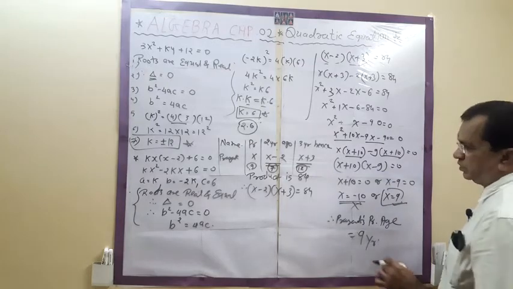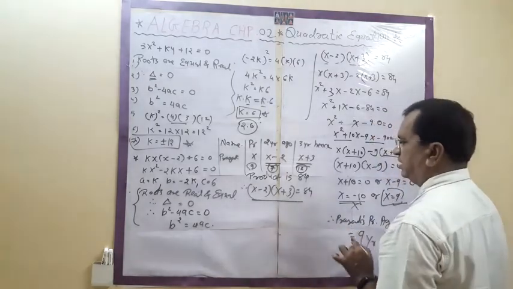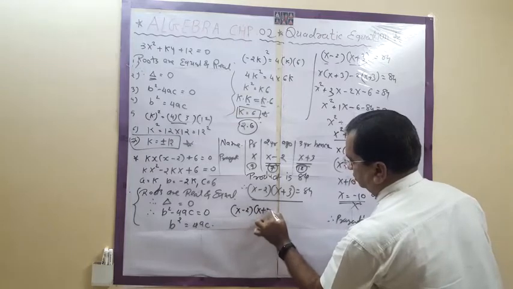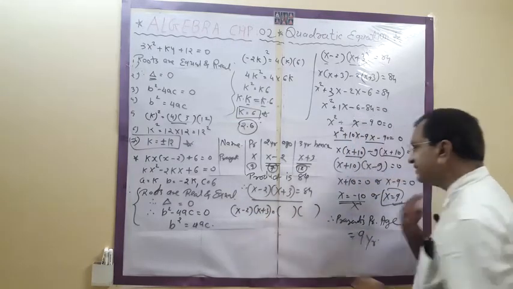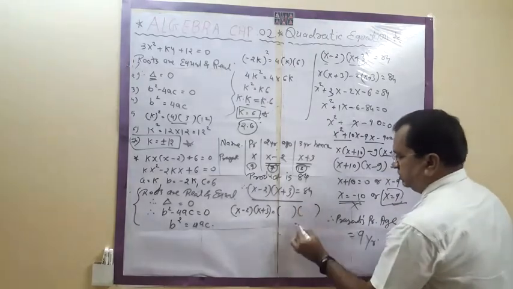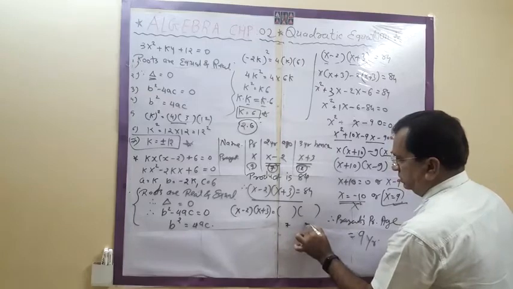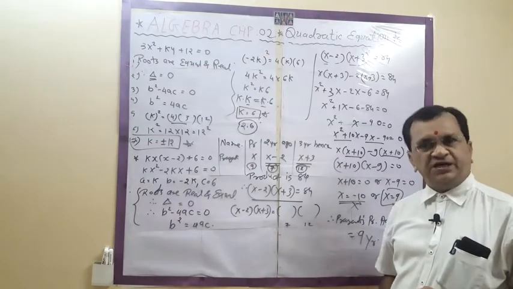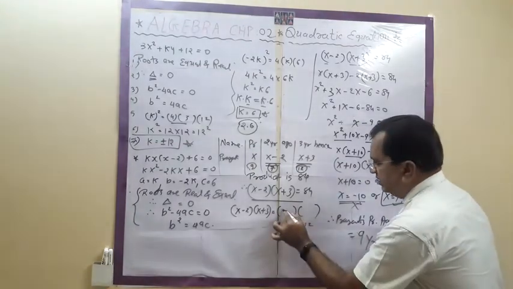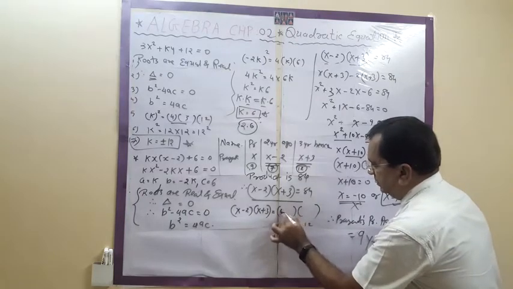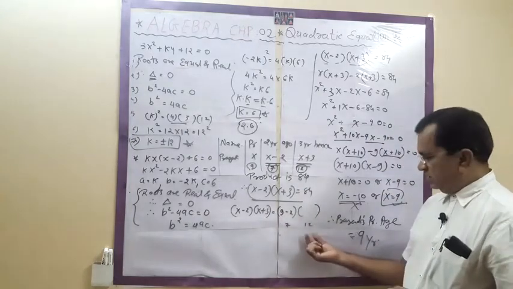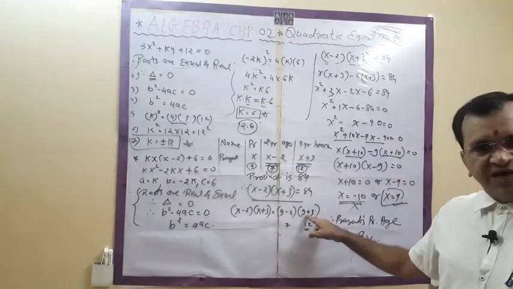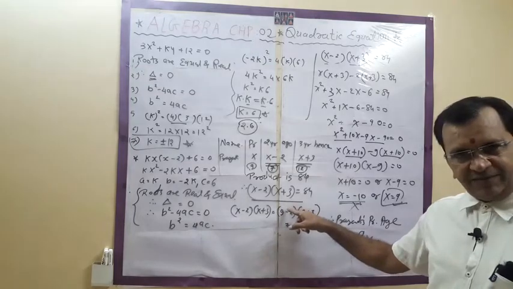Now, see, x minus 2, x plus 3. We know that 12 sevens are 84. 7 you can write as 9 minus 2. 12 I have written in the form of 9 plus 3, and 7 I have written in the form of 9 minus 2.